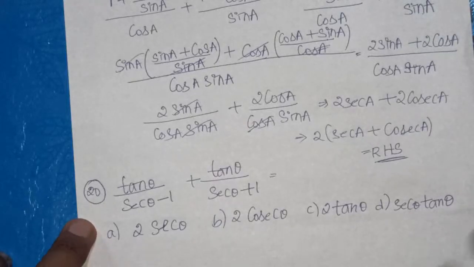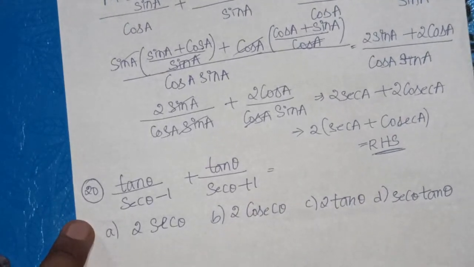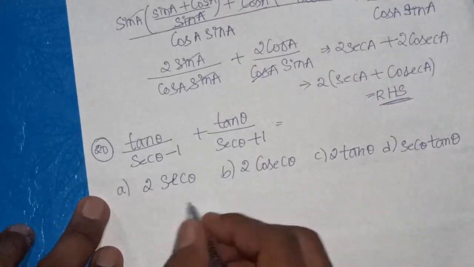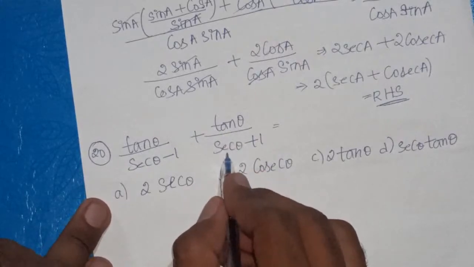It is our MCQ question. This can be written as tan theta by secant theta minus 1 plus tan theta by secant theta plus 1.